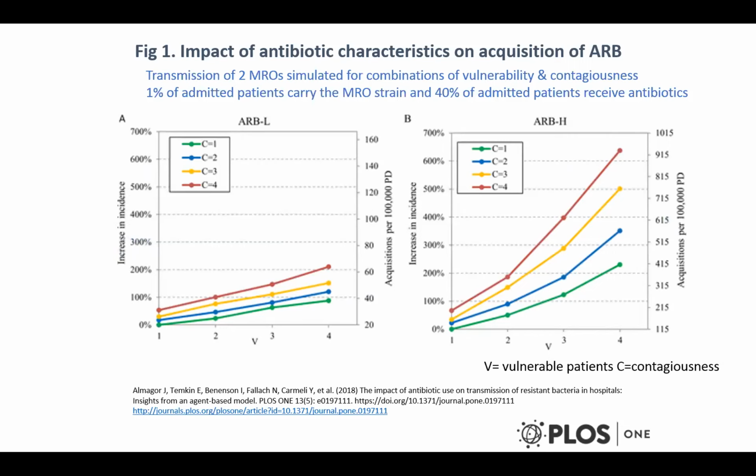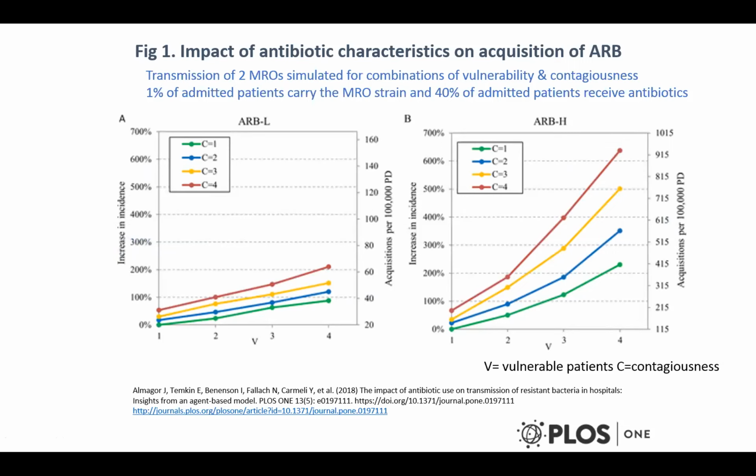So you can see here, you've got conditions where you've got C, which is contagiousness, and V, which is vulnerability. If you are looking at conditions of no antibiotic pressure at all, then C would equal 1 and V would equal 1. So you'd be right down here in the lower left-hand corner of this graph on the left. So in the setting of very low antibiotic pressure, the antibiotic agent doesn't change contagiousness or vulnerability.